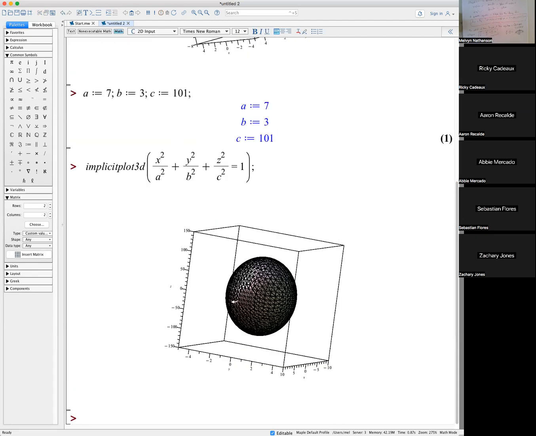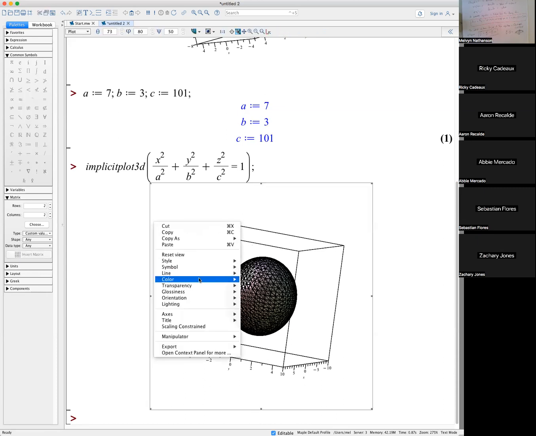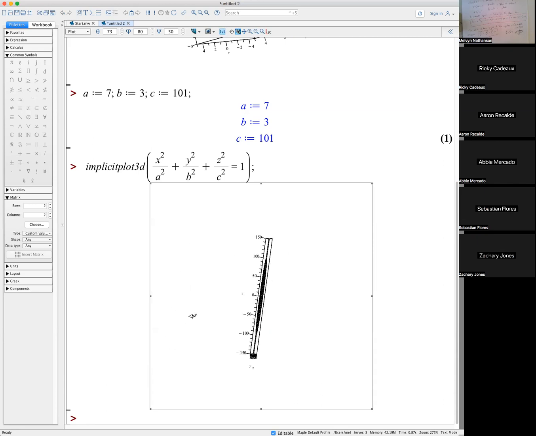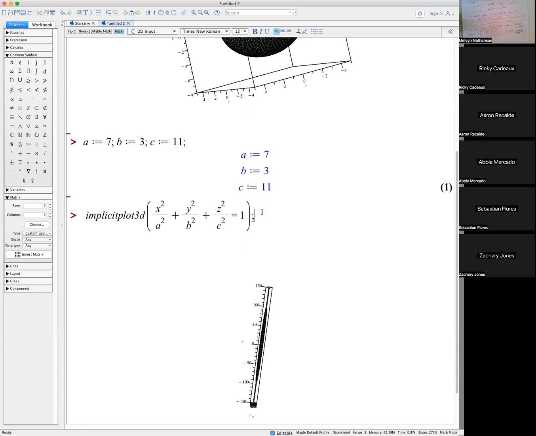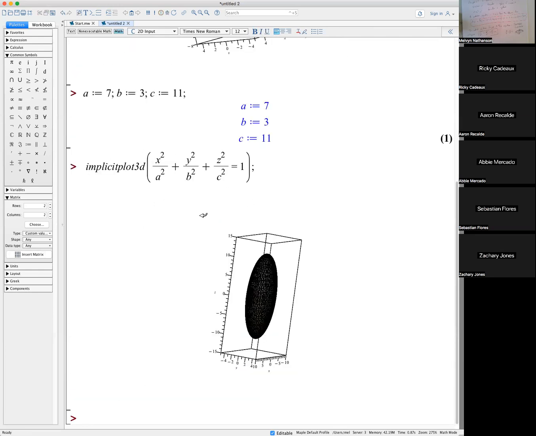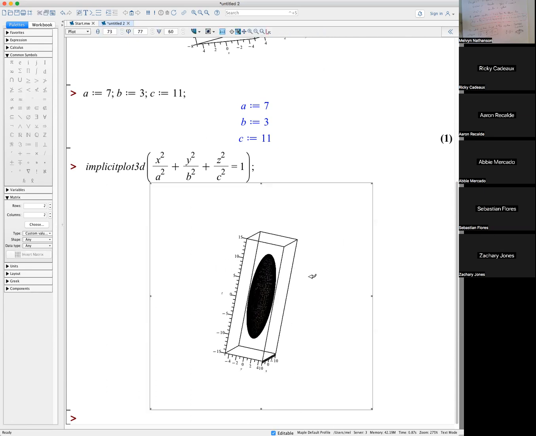Well, it looks kind of round because if you look at it, let me do scaling constrained. I had 11 the first time. So now, that's what this ellipsoid looks like when it's drawn to scale.